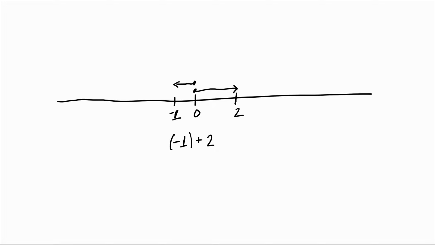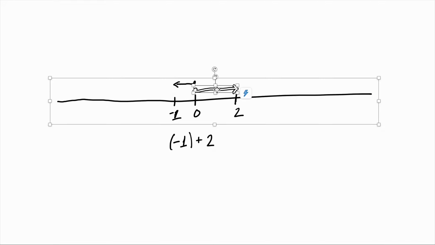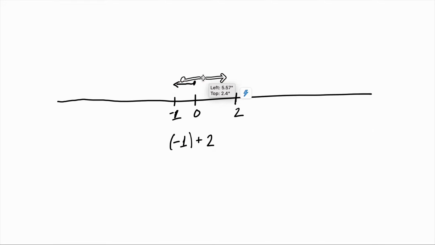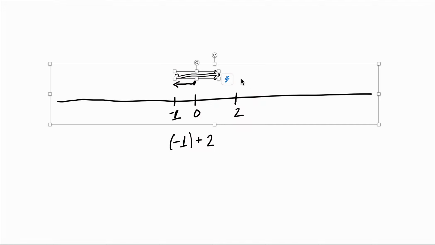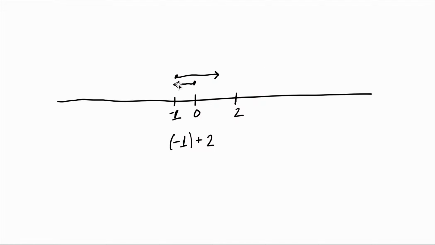Well, if we simply take this arrow right here, we lift it up, we put it right there, okay? What we're going to be looking at is where we start to where we finish.